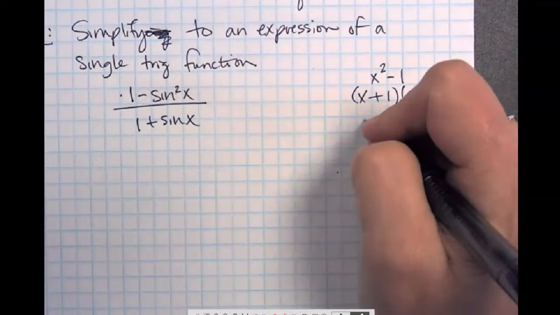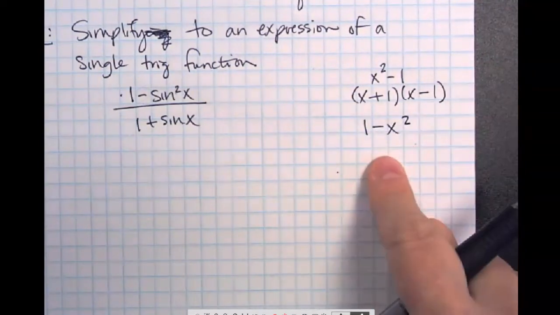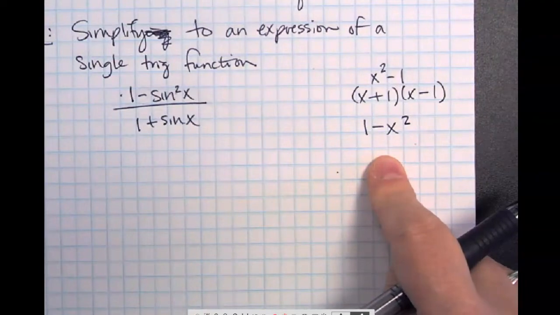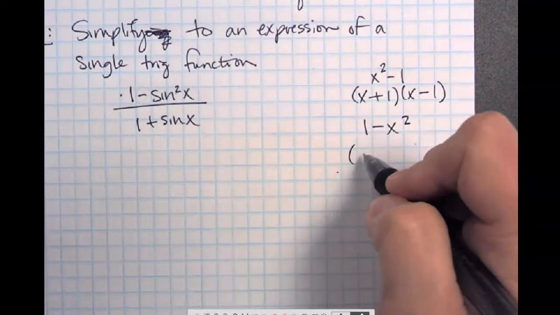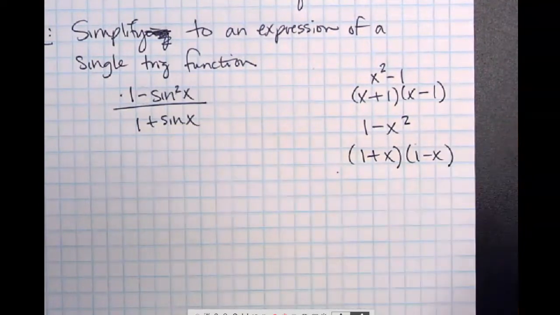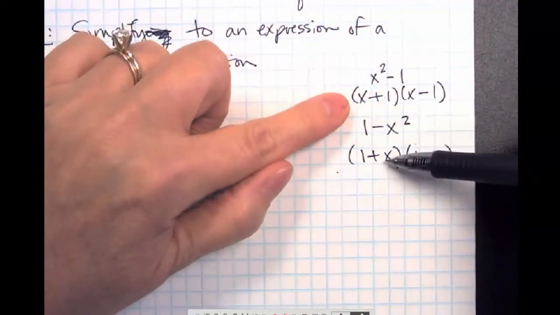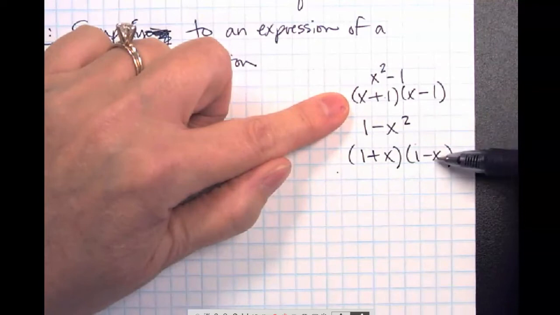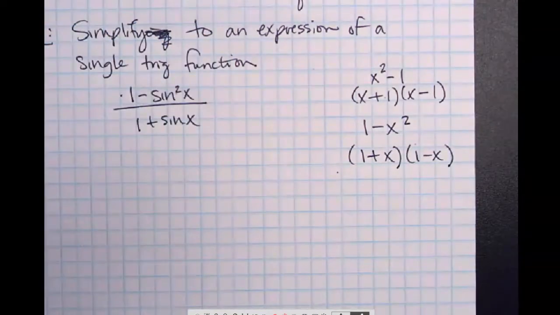How would I factor this? Would it be identical? It'd be opposite. So it would be 1 plus x, 1 minus x. Now, x plus 1 and 1 plus x are the same thing, but these are not the same, right? When you subtract, it's not commutative.